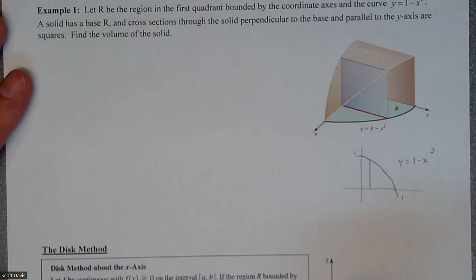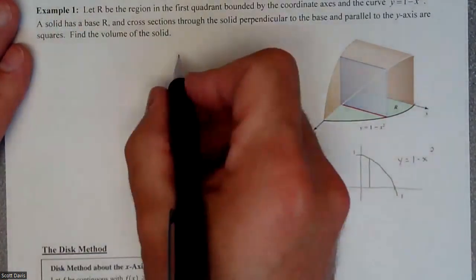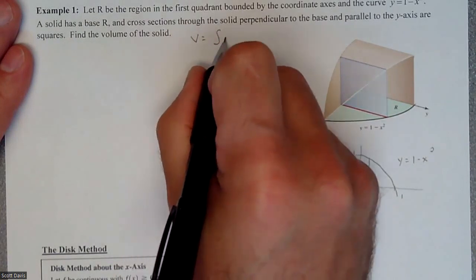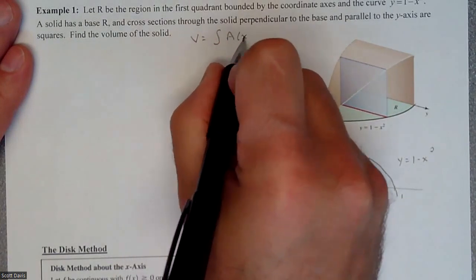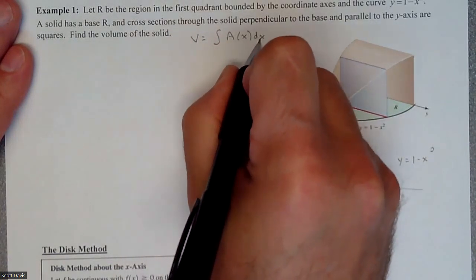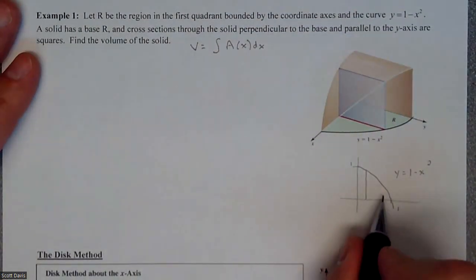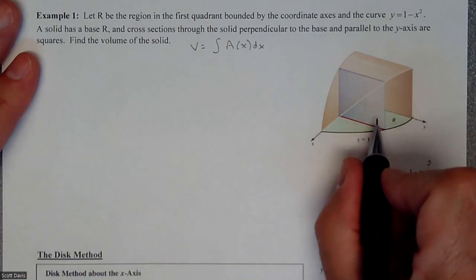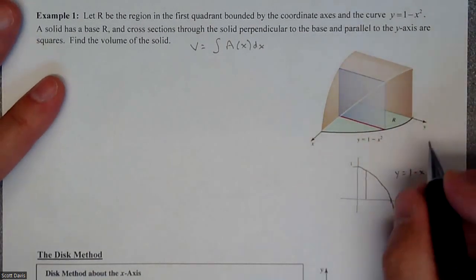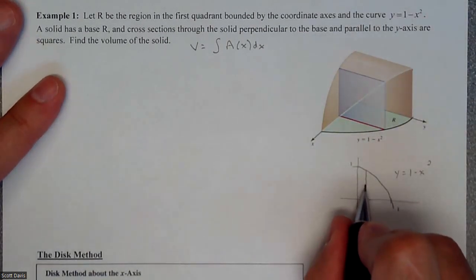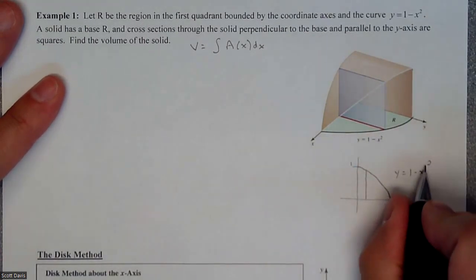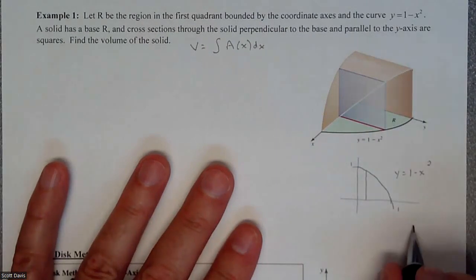So what we need to figure out is the volume, which is going to be the integral of the area. Well, we need an area formula. That's the key. So our area formula is how do we create these squares? This height right here is dictated by this, and so you're creating squares.